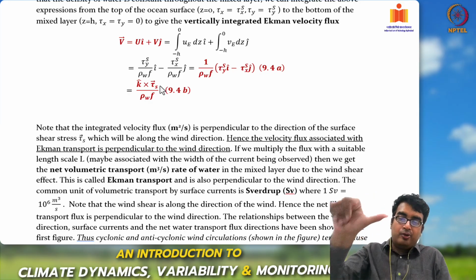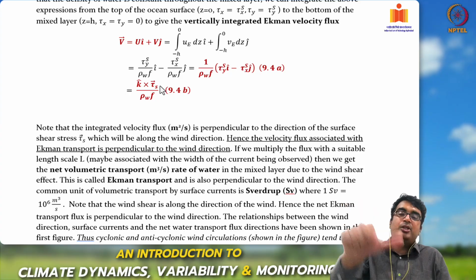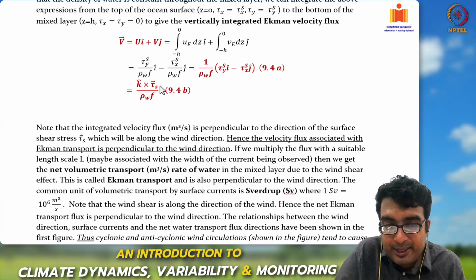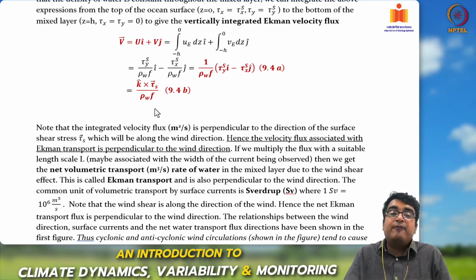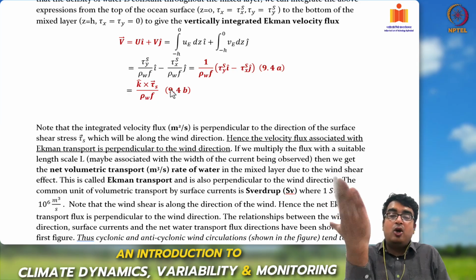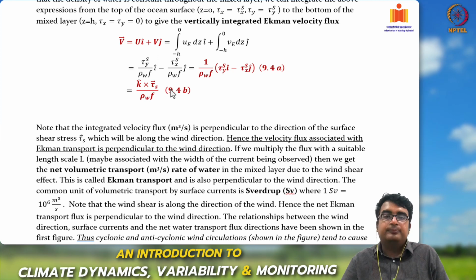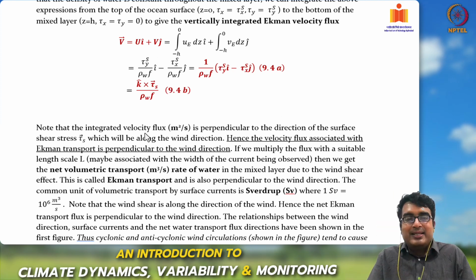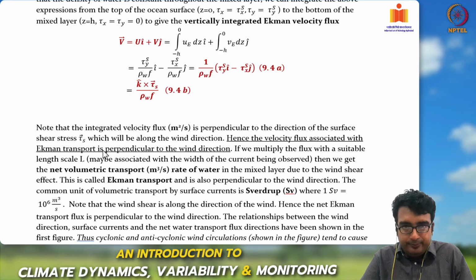So it's k cross that, in this direction for the northern hemisphere, whereas if you are in the southern hemisphere, then it's the opposite direction. Hence, the velocity flux associated with the Ekman transport is perpendicular to the direction of the wind.